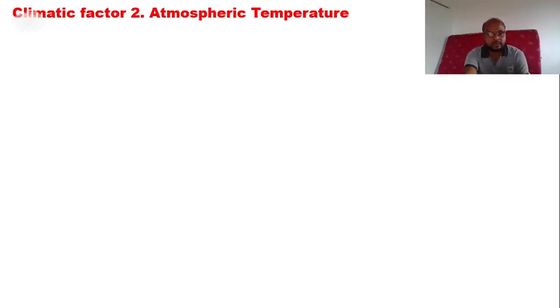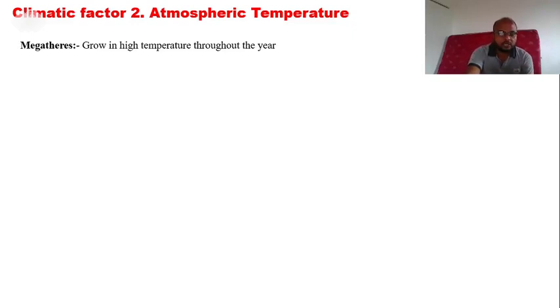Then the next climatic factor is atmospheric temperature. Atmospheric temperature is mainly controlled by the sun. The metabolic activities of the plant depend upon the atmospheric temperature, directly or indirectly. Temperature affects the development of both the individual as well as the complete vegetation. This effect is very distinct if we compare the vegetation in the Arctic or polar region with the vegetation in the desert region.